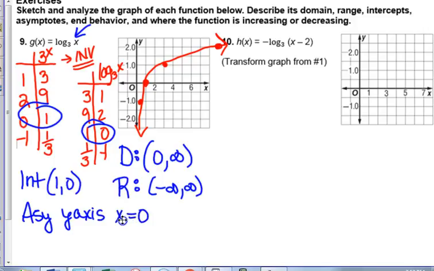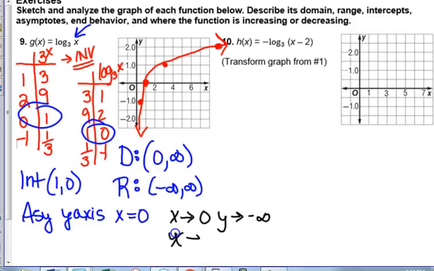No, asymptote was next. End behavior is a little weird because the left side never approaches negative infinity. So you really would write, as x approaches 0, this graph is going to get more and more negative.